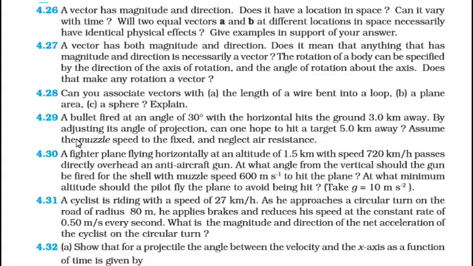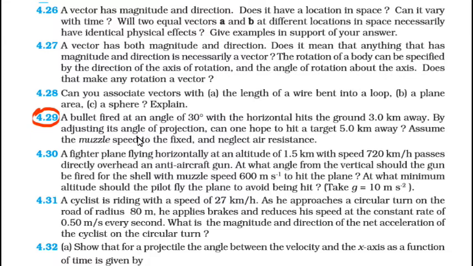Now let us do the next question, that is 4.29. A bullet fired at an angle of 30 degree with the horizontal hits the ground 6 kilometer away.